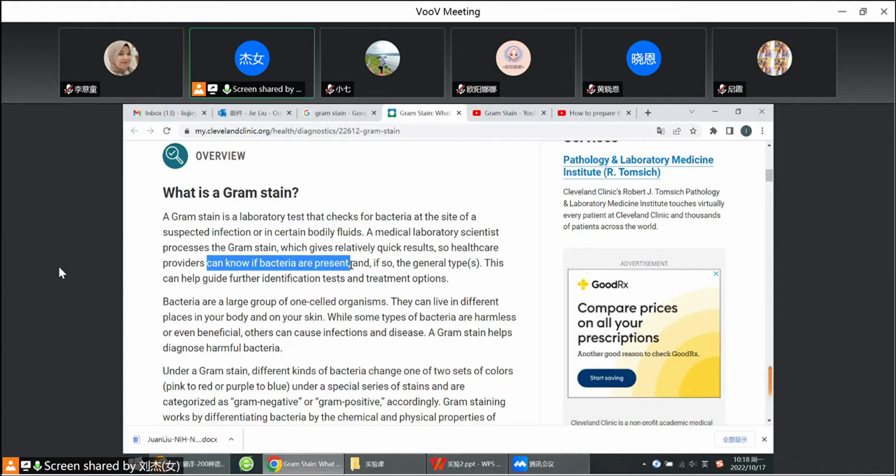Bacteria are really small, and maybe some students say we can observe them under the microscope. However, without staining, bacteria don't have any color.